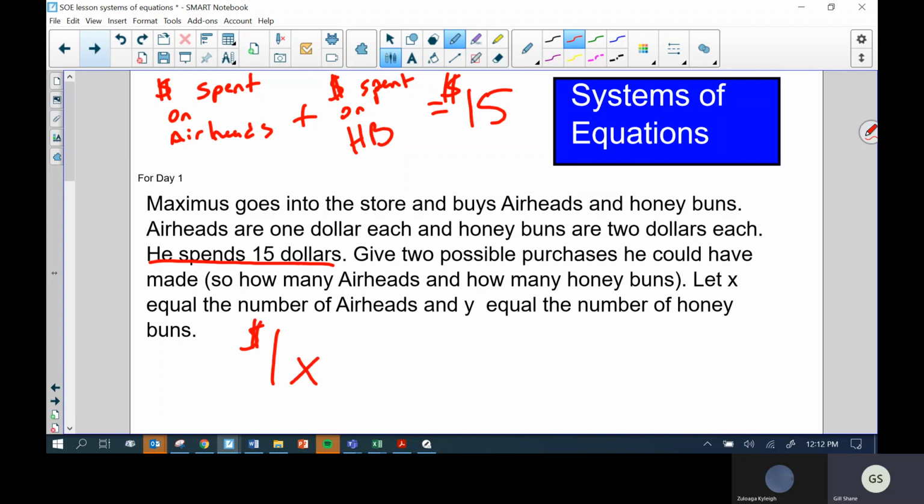Well, it says right in the problem, X is the number of airheads. So how much is 1 times how many? All right, well, same thing for honey buns. How much is 1? $2. How many of them? Well, Y was the number of honey buns, so how many is Y? And then that's going to equal the total amount of money, which we already said was 15.